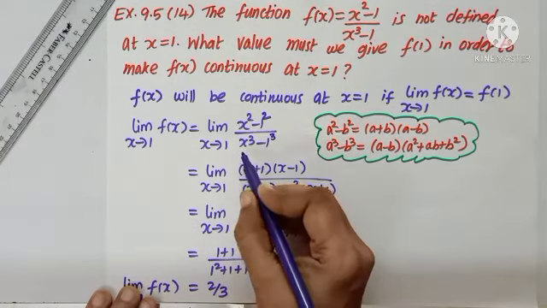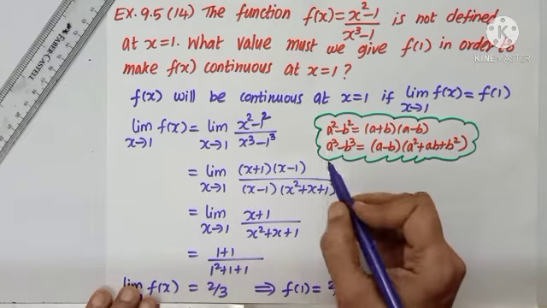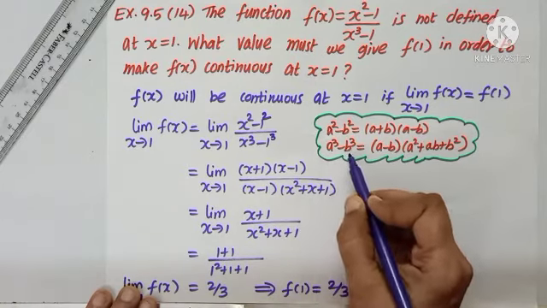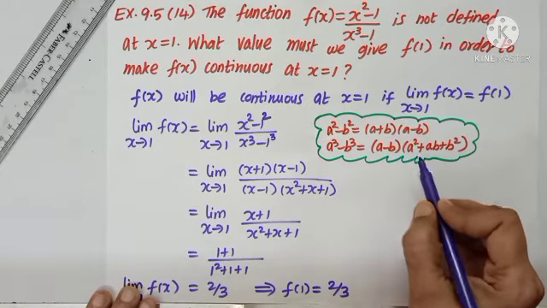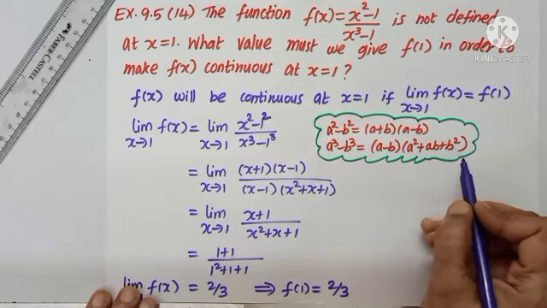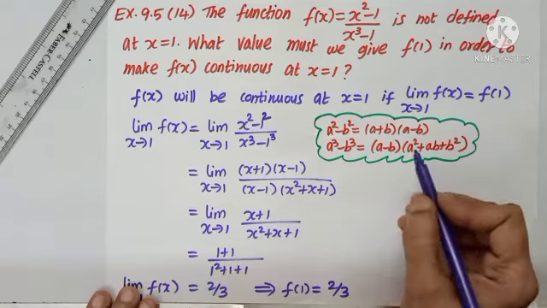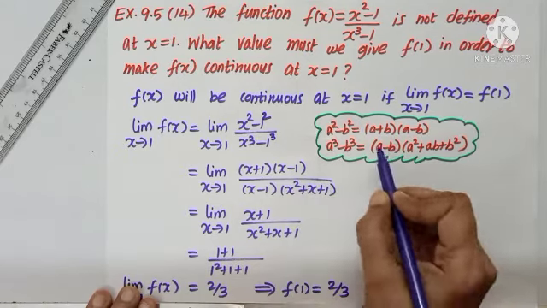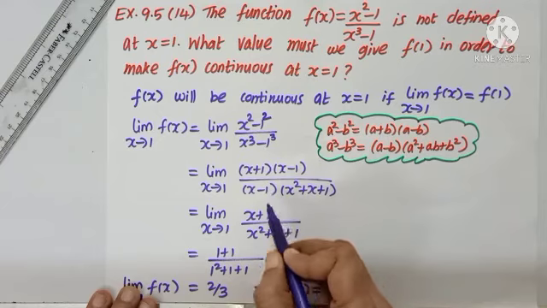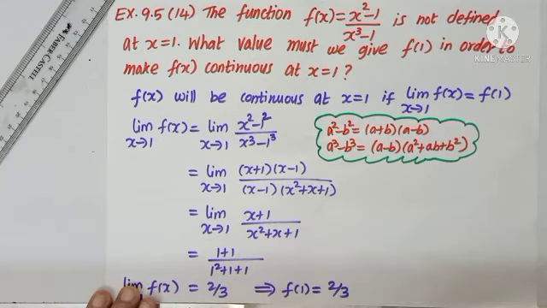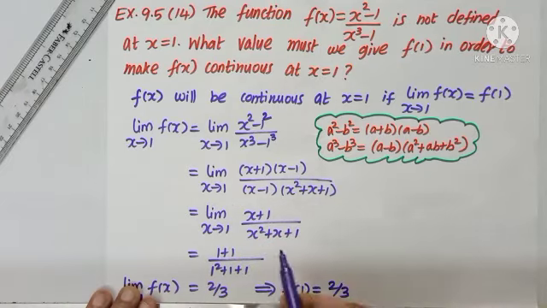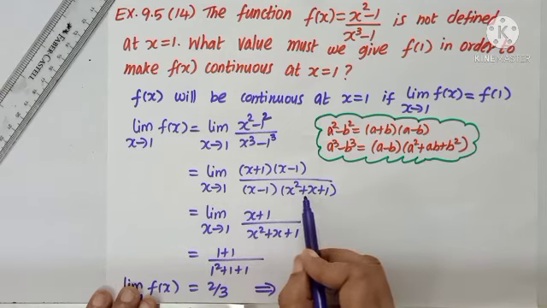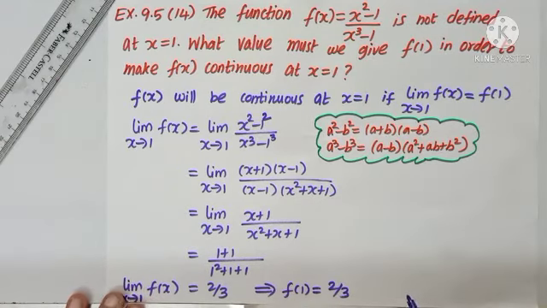So we have x cube minus 1 cube, which is of the pattern a cube minus b cube. And the formula is a minus b into a square plus ab plus b square. As I substitute a as x and b as 1, we get these two factors. Cancel the like term x minus 1, we arrive at limit x tends to 1 of x plus 1 by x square plus x plus 1.